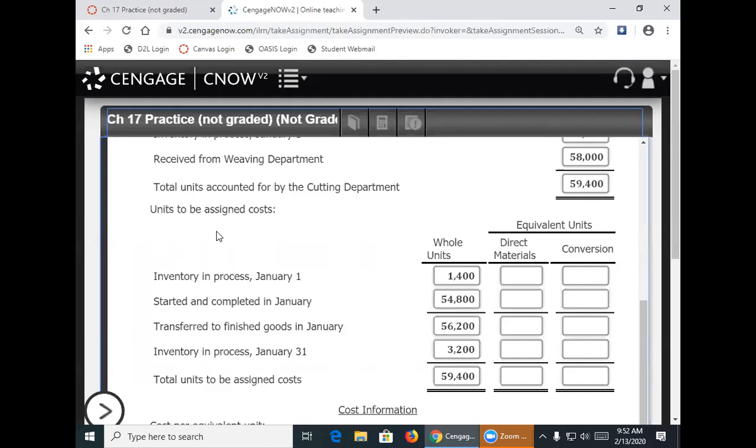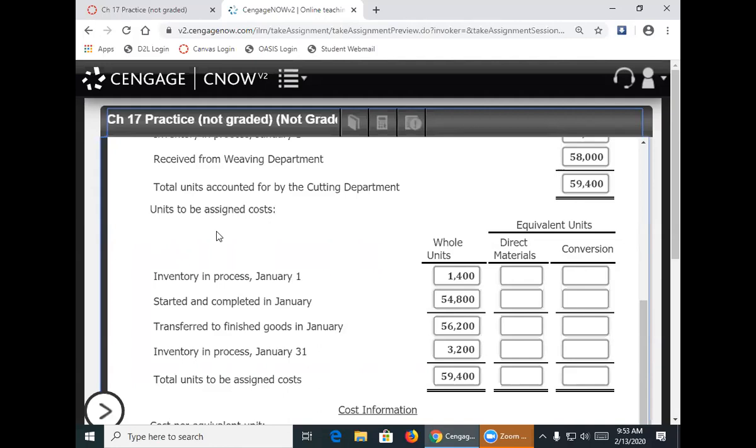Materials are added 100%. So when using FIFO, if there's beginning inventory, that material cost was added last period. Those materials were added last month. Those are just ending materials that were carried over from last period. So using FIFO, materials were already added at 100%.